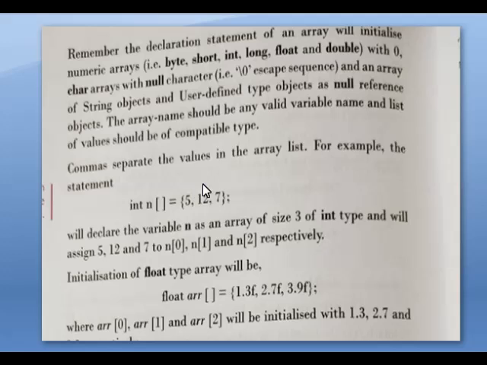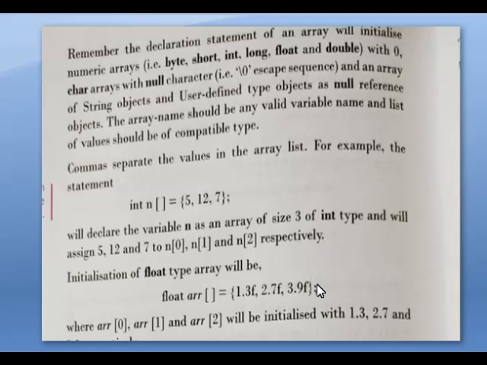If you are going to store float values, it will be like this: float ARR of, where ARR is the name of the array. It will consist of 3 float values, 1.3, 2.7 and 3.9. So the index is 0, 1, 2, that is ARR of 0, ARR of 1, ARR of 2.